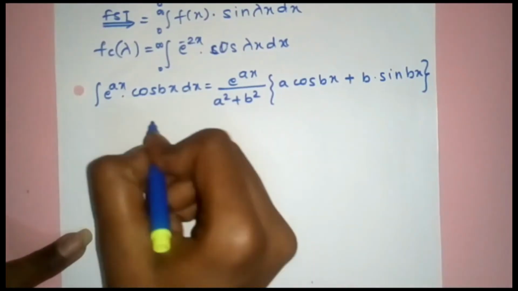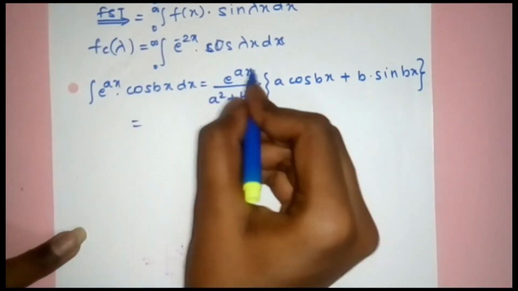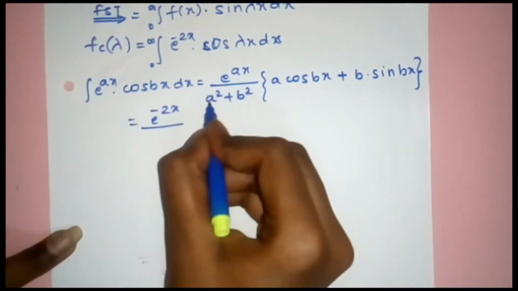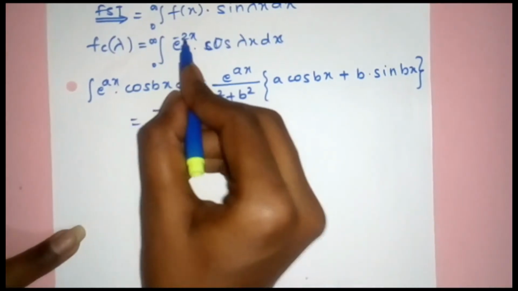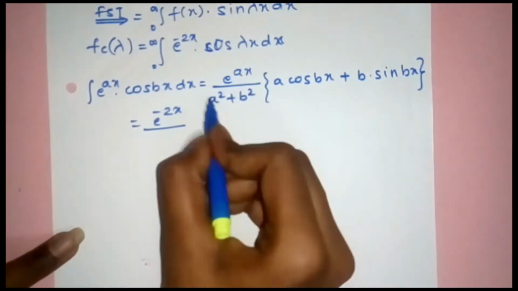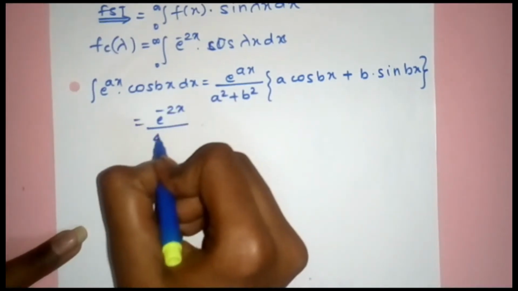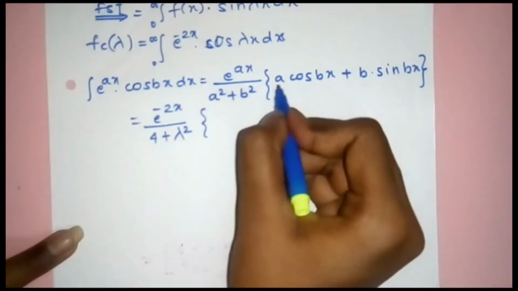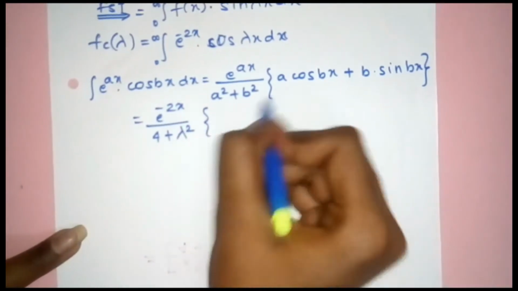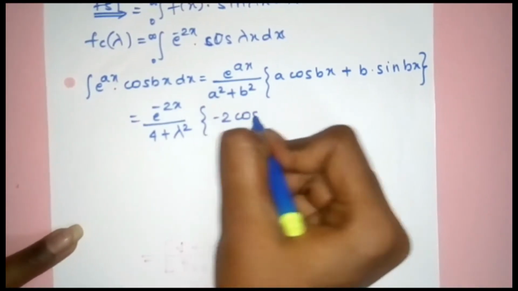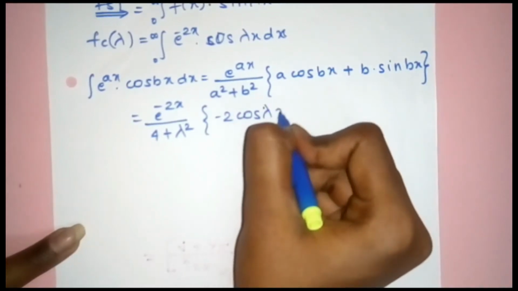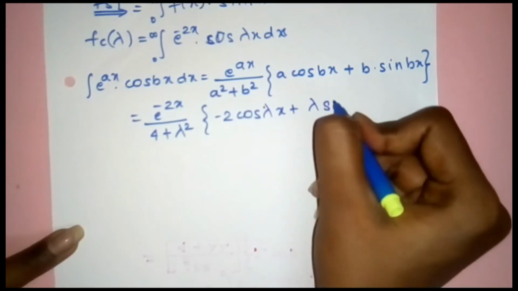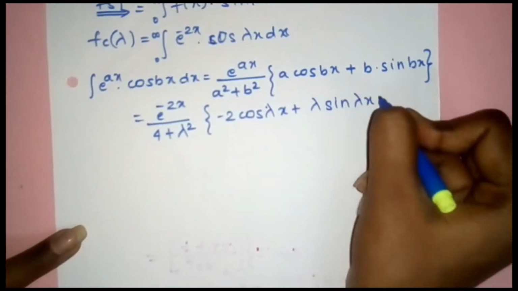We have e raised to ax, that is e raised to minus 2x upon a square plus b square, where a is minus 2 and b is lambda. So a square will be minus 2 square, that is 4, plus b square will be lambda square, into a is minus 2 cos bx, that is lambda x, plus b, again lambda, into sine lambda x.